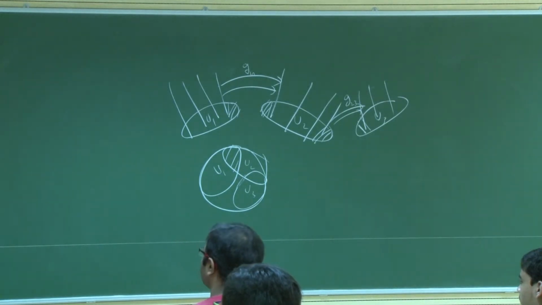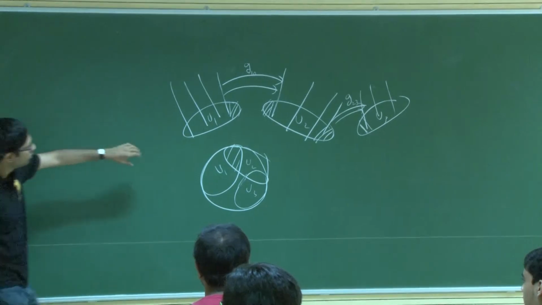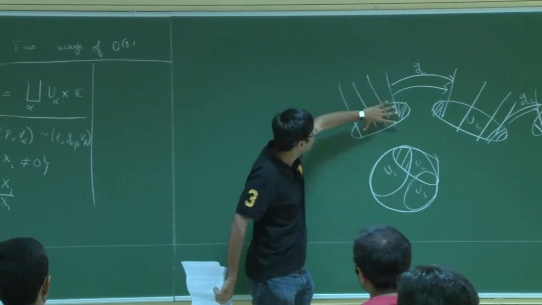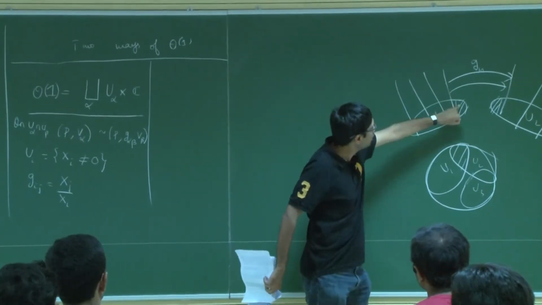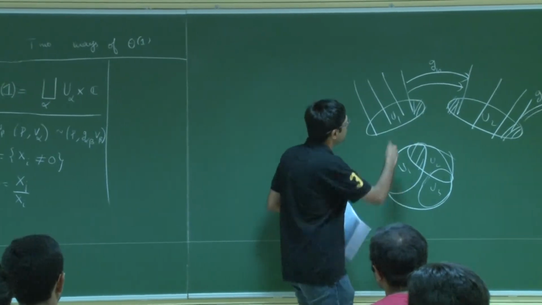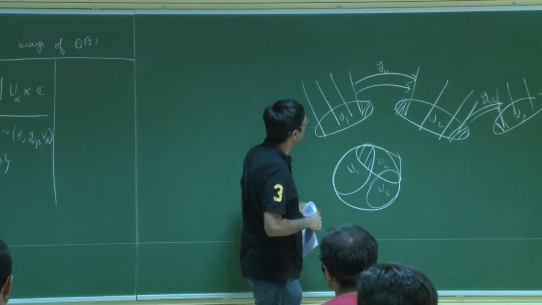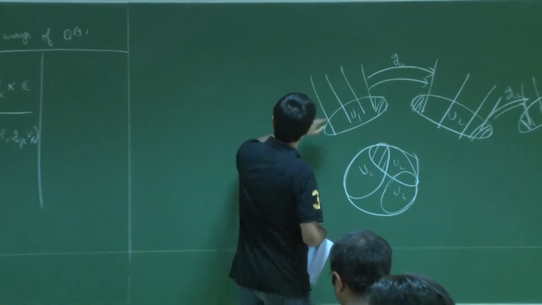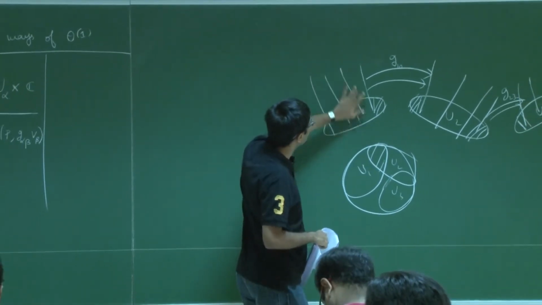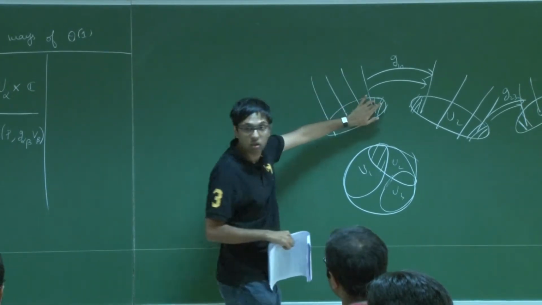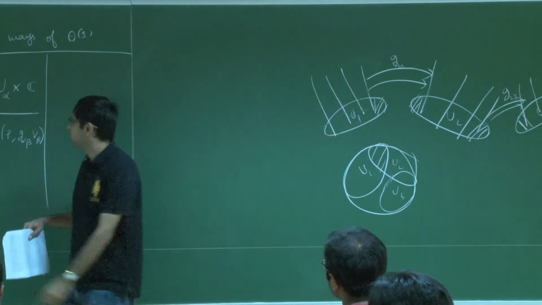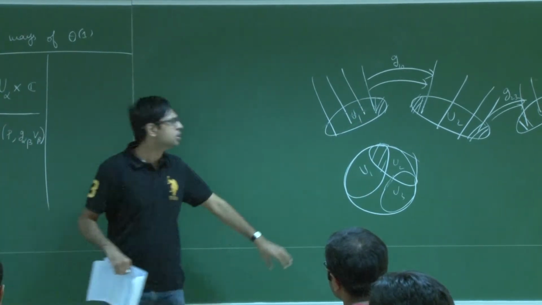detail, but it's not rocket science, because if you take this open set here, this is already a coordinate open set, and so you take this, and the coordinates are these ones and the ones here. More generally, this may not be a coordinate open set, but that's okay.